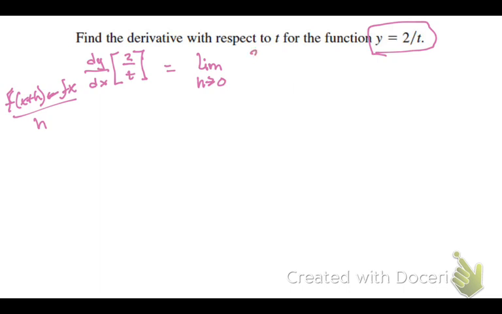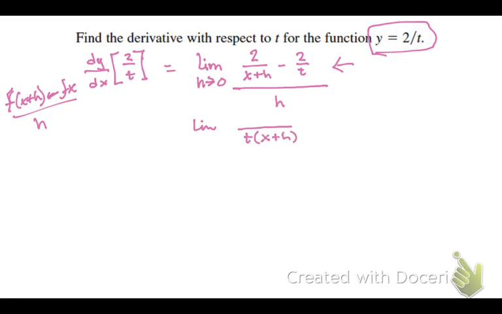Okay, so then we're going to have 2 over x plus h minus 2 over t, all over h. So then I have to get common denominators up here, which is going to be t times x plus h.